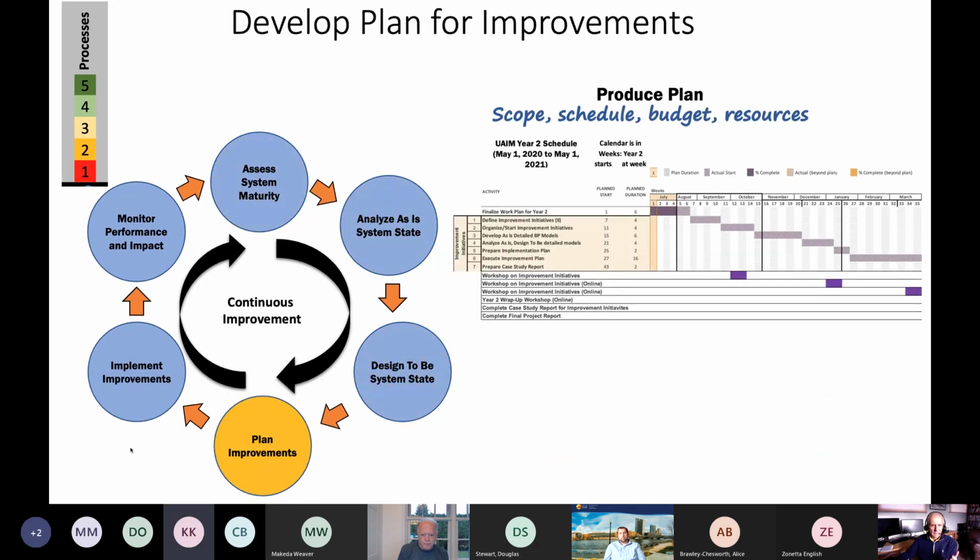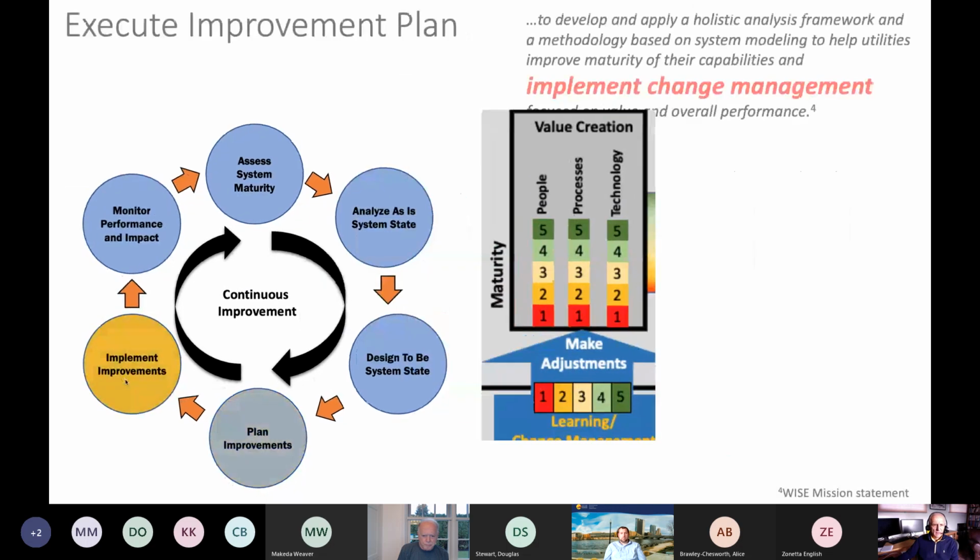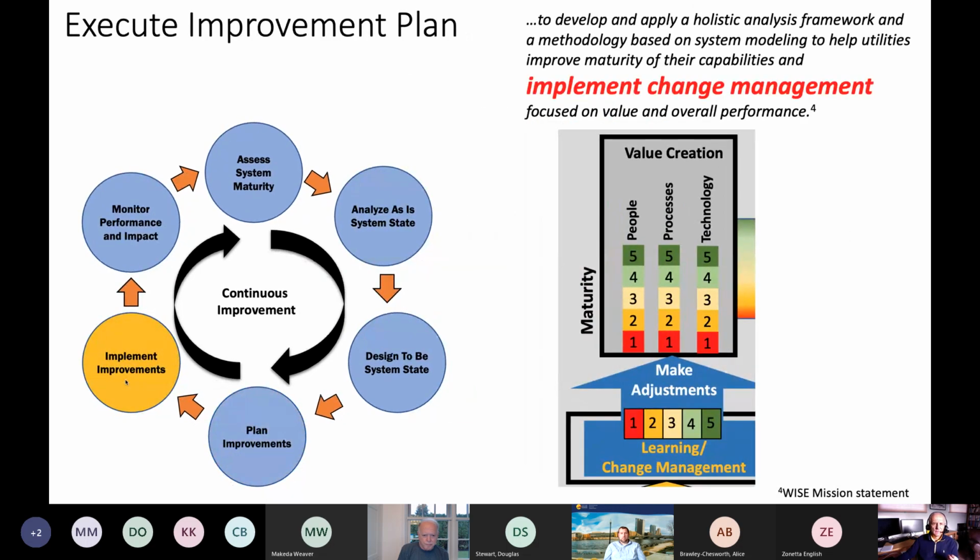Now at this next step, we plan the scope, schedule, budget, what we need to do, plan the improvements, and then in the next stage is implement improvements. And this is where change management comes in. And this is where so many times, if people only look at technology or only look at processes, very seldom do they actually look at people, things don't go so well.